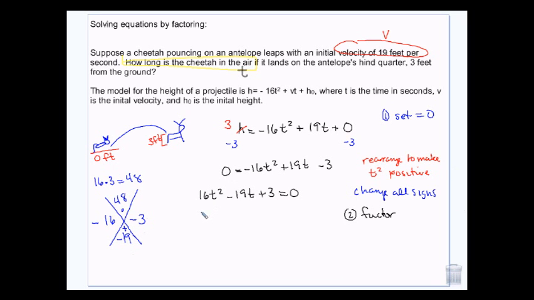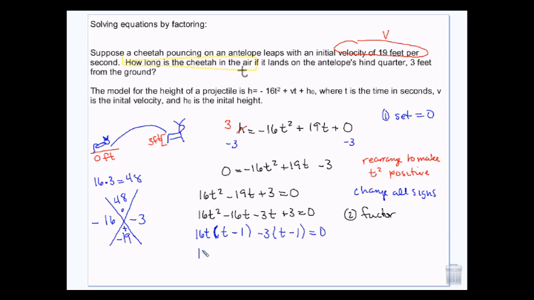So I'm going to replace my -19 with -16 minus 3. I'm going to factor this out. I can take a 16t from both of these, and I'm left with t minus 1. And I'm going to go ahead and take the -3 out here to get the t minus 1.